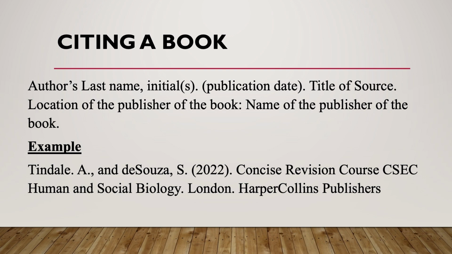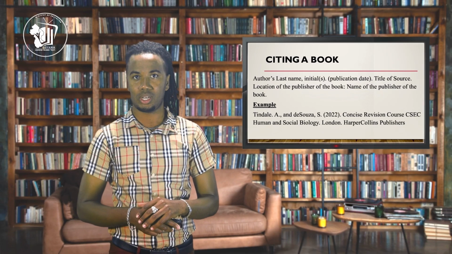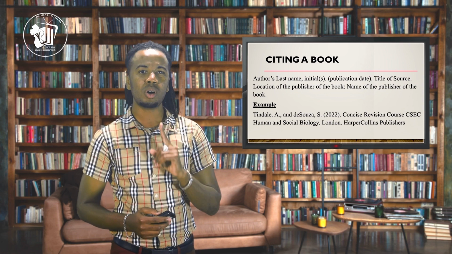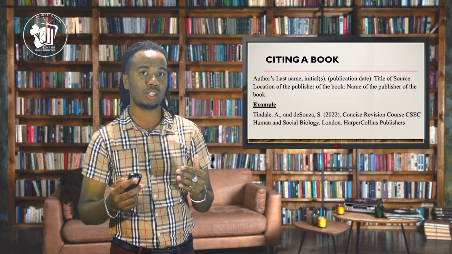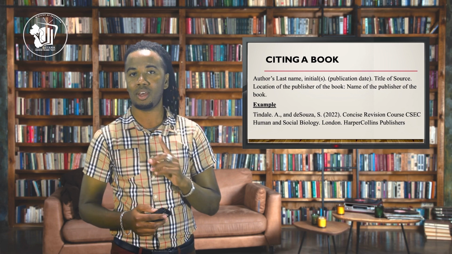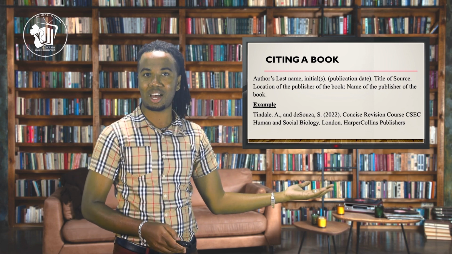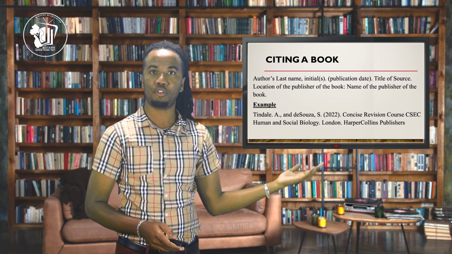So there we have, it was published in London by HarperCollins Publishers. So remember, students, that in order to gain the marks in our bibliography, we must ensure that we reference using the APA referencing style. And this is a suitable example on the screen for you.